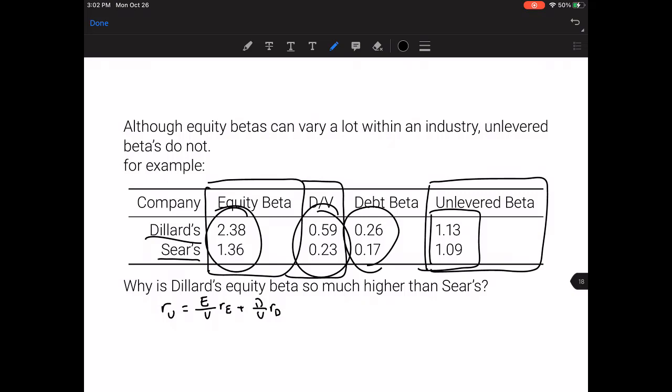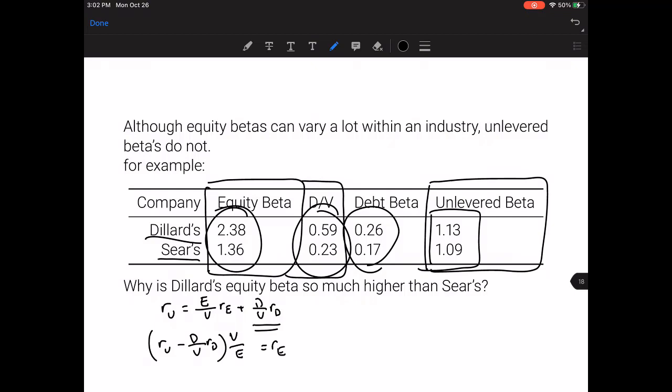So let's move all the terms to one side and have RE on the other side. Let's subtract both sides by D over V times RD. So that's RU minus D over V times RD. And let's multiply V over E on both sides so that we have RE on one side.